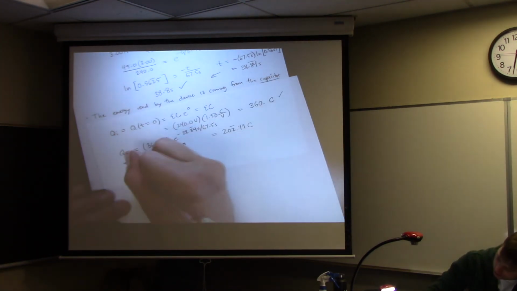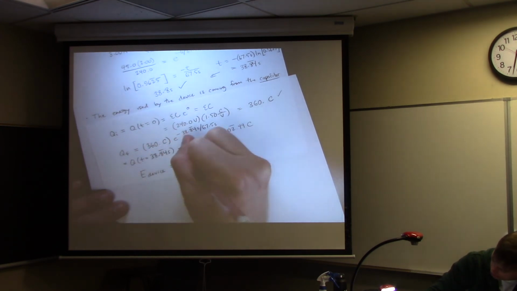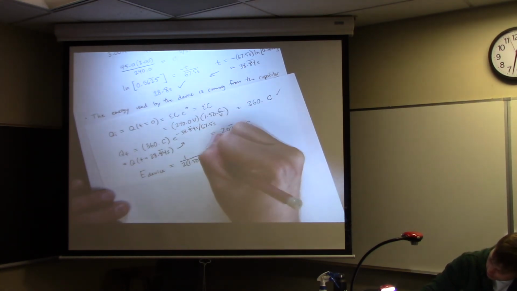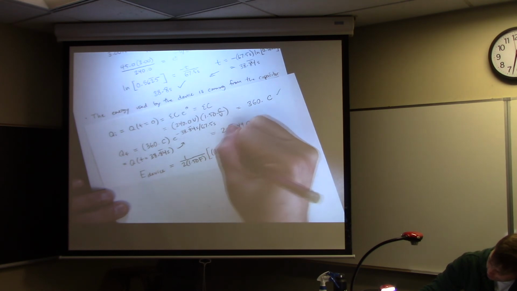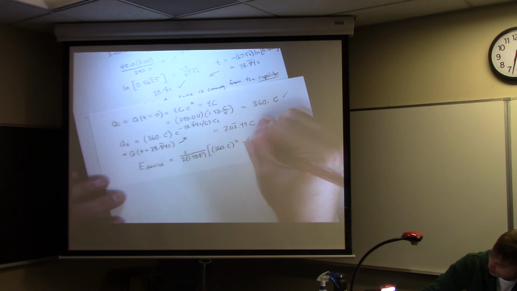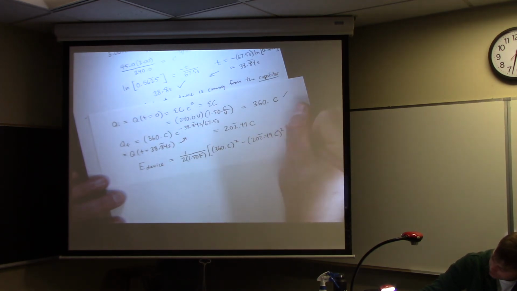Meaning, the energy used by the device, we can now just calculate directly. It's 1 divided by 2 times C. C is 1.5 farads. And then we've got 360 coulombs. That's our Q initial squared. Minus 202.49 coulombs, square that.